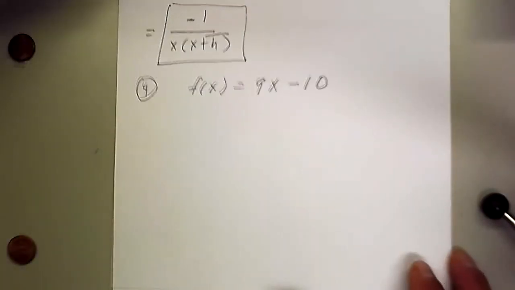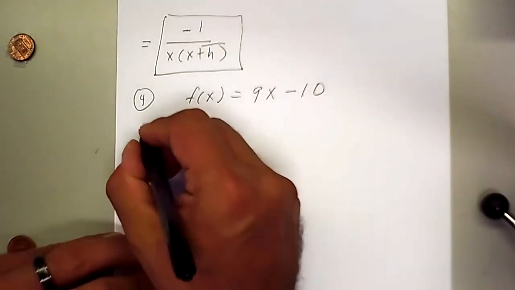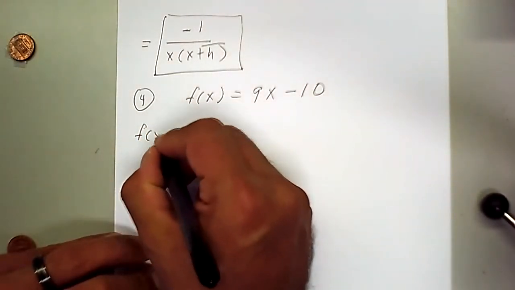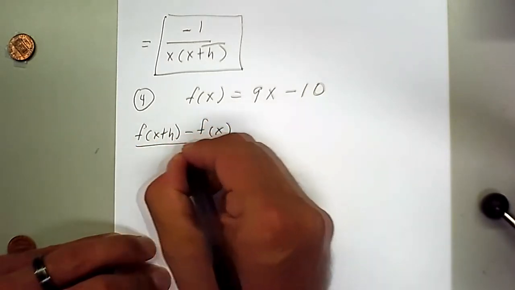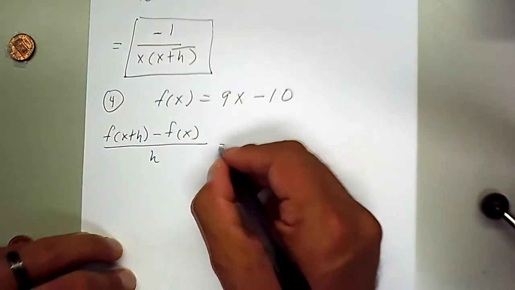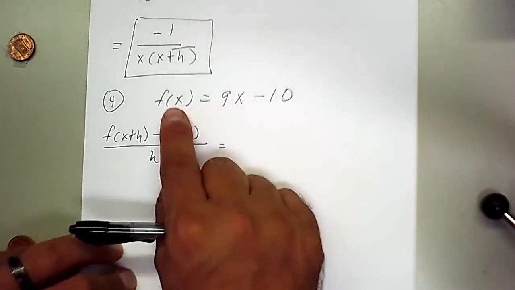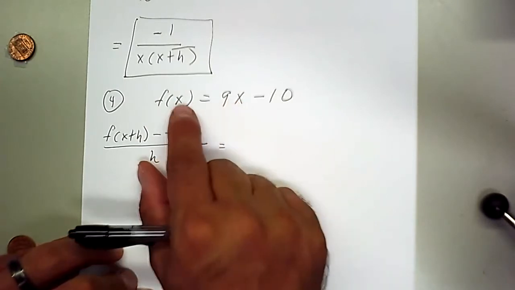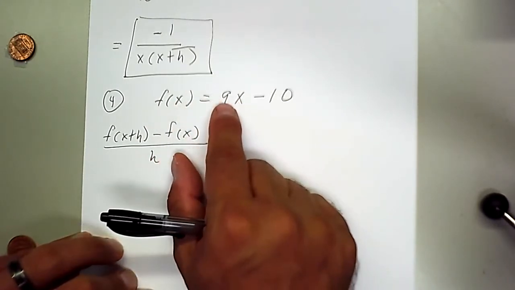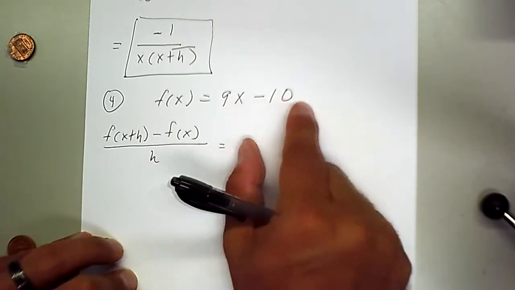Okay, so applying the formula, f of x plus h minus f of x over h. Now remember what the formula calls for. Whatever the input is, multiply by 9 that input, and then subtract 10.